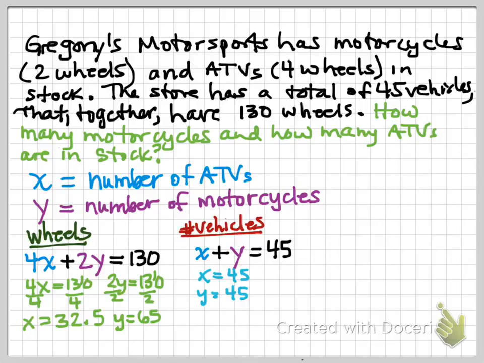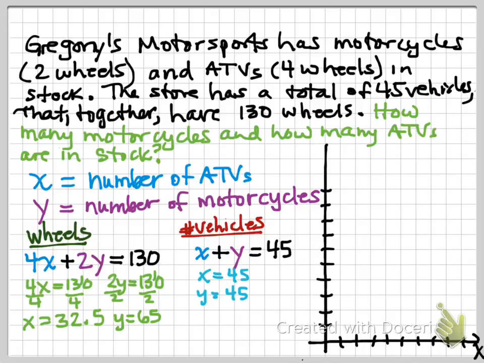Okay? So let me think how I would do this. I would need to go 5, 10, 15, and so on, up to 50. So I should be okay here. It's going to be going up. That's going to be the more interesting one. 5, 10, 15, 20, 25, 30, 35, 40, 45. That's as far as I need to go on the x-axis. Then 5, 10, 15, 20, 25, 30, 35, 40, 45, 50, 55, 60.